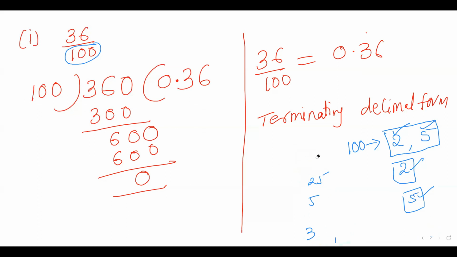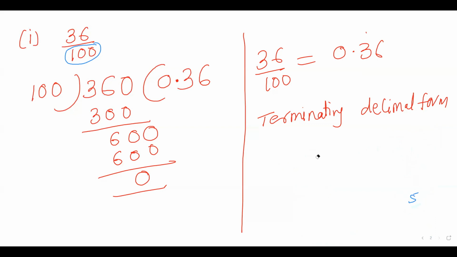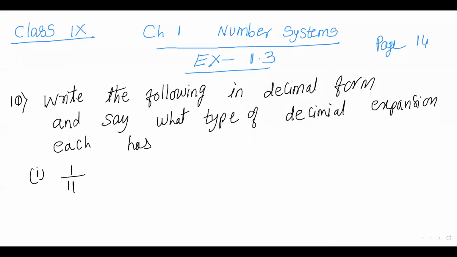So this is the concept. So first problem is done. I have divided and mentioned what type of decimal it is. Let us go to the second bit. The second bit is 1 by 11. Let us divide 1 by 11. Put a point, you will get 0.